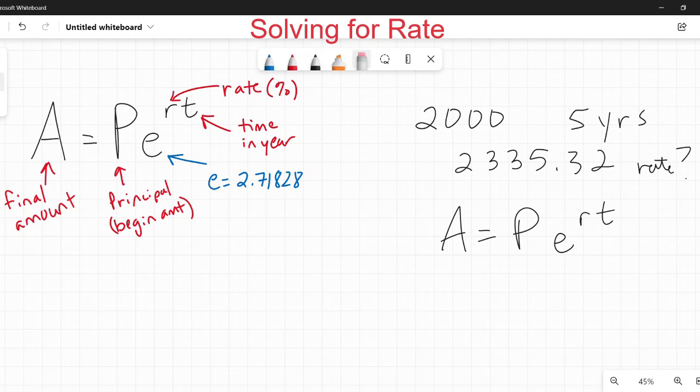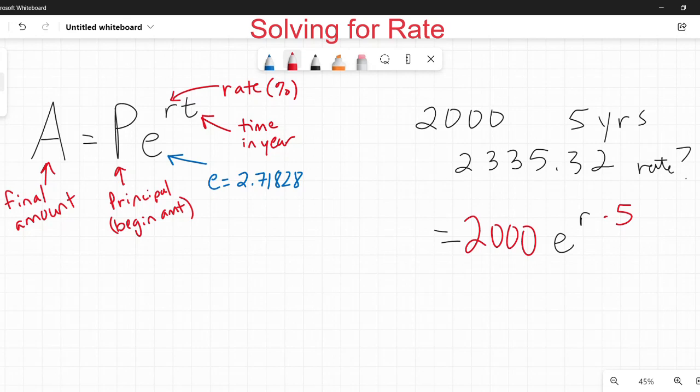Let's fill in. I'm told the principal is $2,000. I'm told the time is 5 years. And the rate is what we're trying to find.